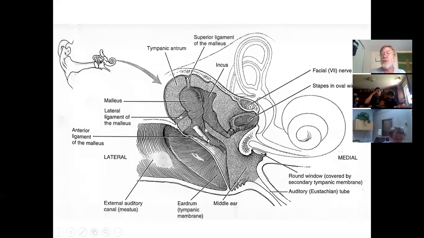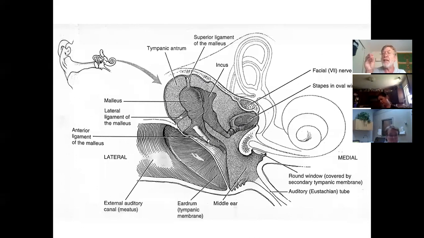If the air pressure is not even, you will not have a fully functioning middle ear. And in children with earaches, this is often the case. They'll start out with negative air pressure inside that middle ear space. And the reason why is because the mucosal lining of the middle ear space is constantly absorbing oxygen.